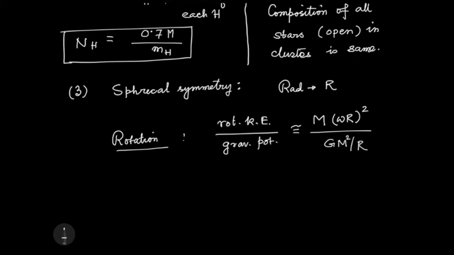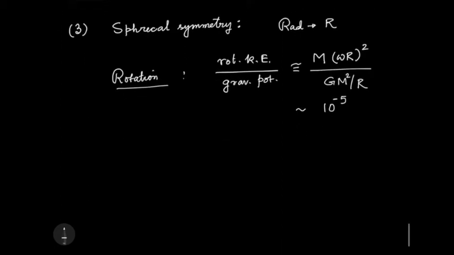And then there can be factors which I again forget. If you calculate this for the sun, it will be 10 to the minus 5. So the rotational kinetic energy is 10 to the minus 5 times the gravitational potential energy. Gravitational potential energy is spherically symmetric, so it will try to keep the star as a sphere, and it will stay as a sphere. The rotation will not have much effect.